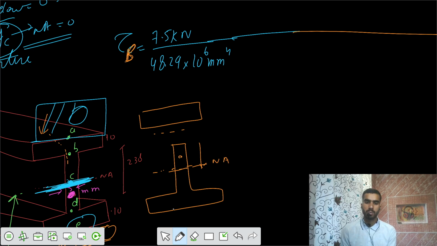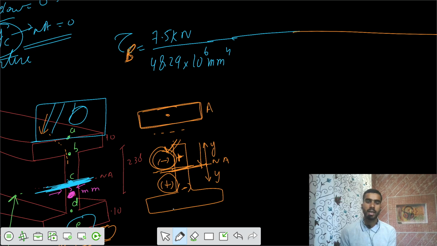Then if you take the upside as positive, you have to take this side as negative, or you can take this side as negative and this side as positive about the neutral axis, because you are going from the neutral axis above, or from the neutral axis below. So you have to keep the sign also, for either side. But for the first case you have easier calculation. Area is fixed, a smaller area of rectangle, and the centroid is also known from the neutral axis.